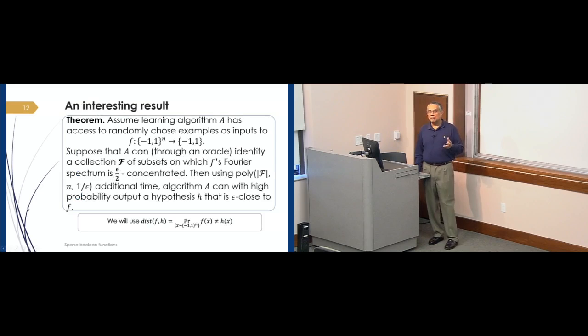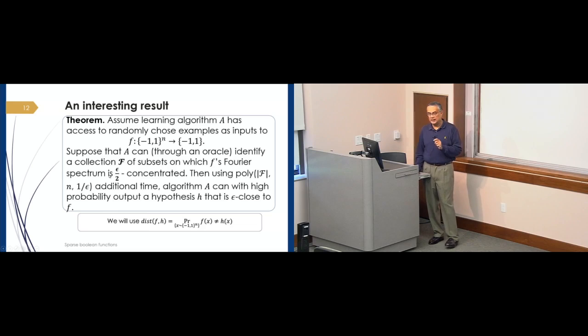So what's the theorem we were trying to prove? I've said this before, so I'll walk through this quickly. Learning algorithm A has, through an oracle, access to randomly chosen examples as inputs. Then A can, through this oracle, also find this high value subset F, on which f's Fourier spectrum is epsilon by 2 concentrated.